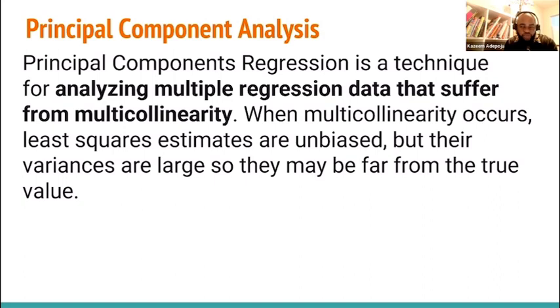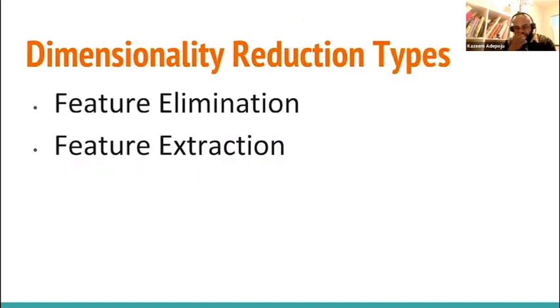Now, what I want to walk you through today is another approach to fix multicollinearity, which I call principal component analysis. When I have so many explanatory variables in my model, there is a tendency that they may correlate, and when they correlate, that leads to a multicollinearity issue.